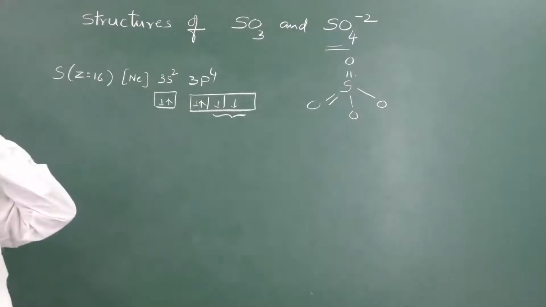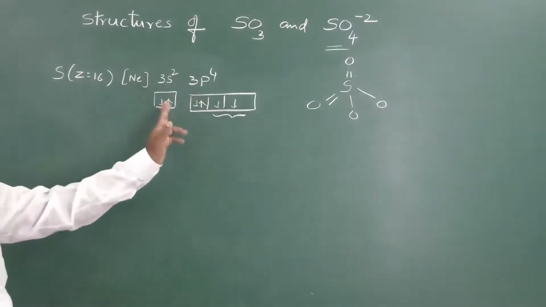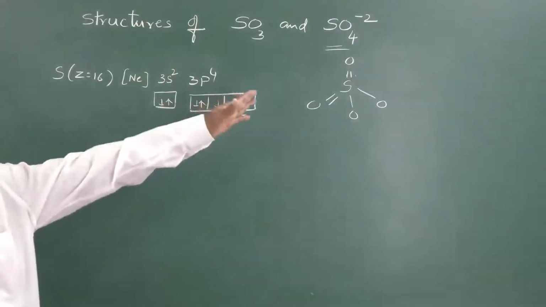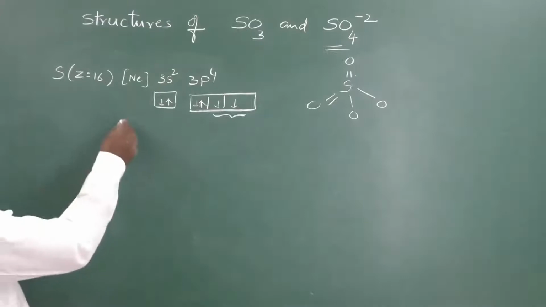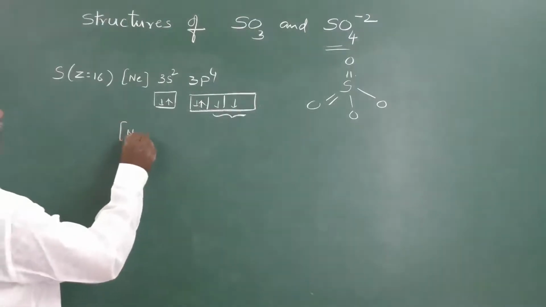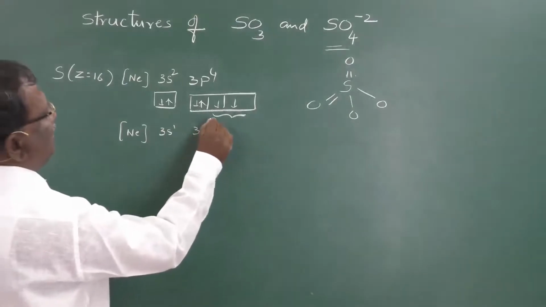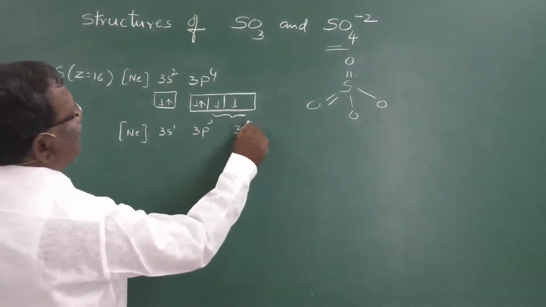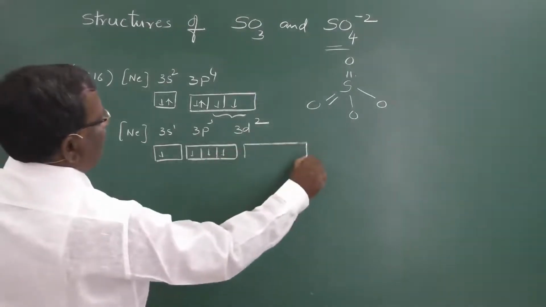But here we require 6 bonds. 6 bonds are possible only when these 2 electrons enter into d orbitals. So in the second excited state, the electronic configuration of sulfur will be 3s1 3p3 3d2. That means 1 electron in the s orbital, 3 electrons in the 3p orbital and 2 electrons in the d orbital.